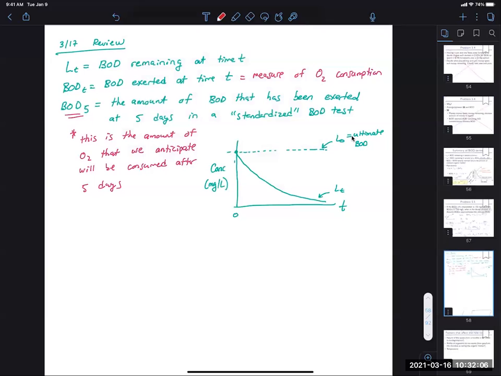And that's going to look something like this. As time goes to infinity, BOD sub T will approach L naught.